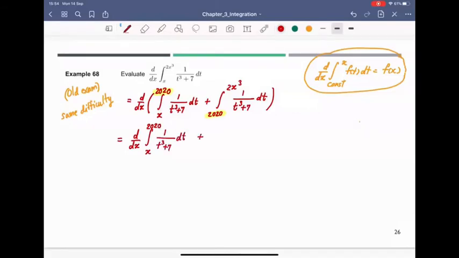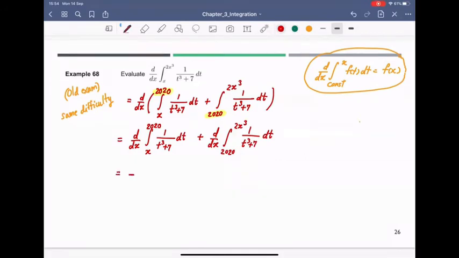All right, and then plus d by dx of the second piece. What I did here is expand the differential operator, so I can do the two pieces separately. This form looks good at least because you have the constant at the bottom. But the first form doesn't look good to me because I have the constant on the top. So I'm going to switch one more time.